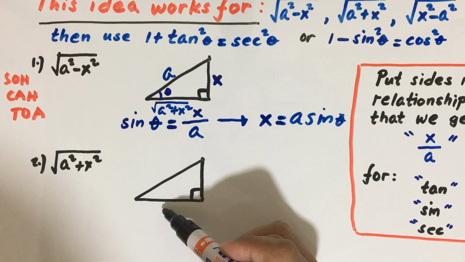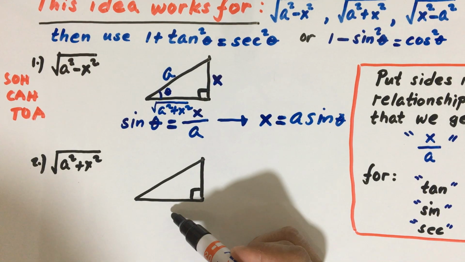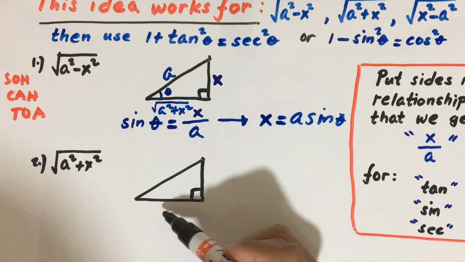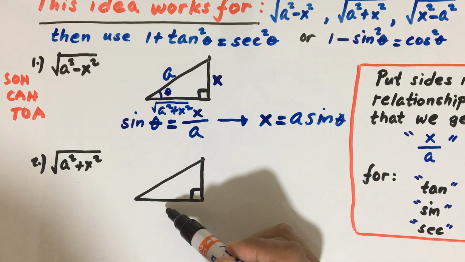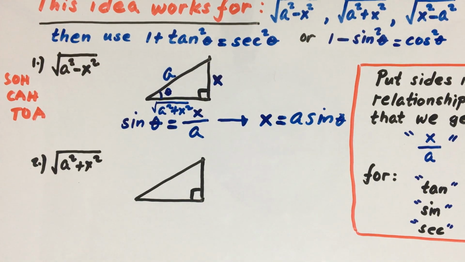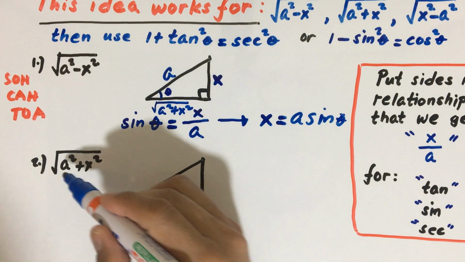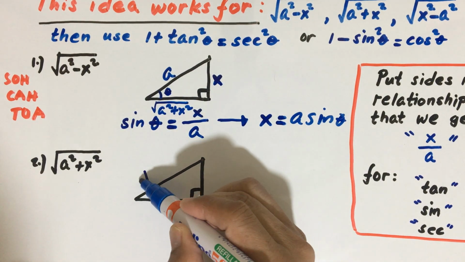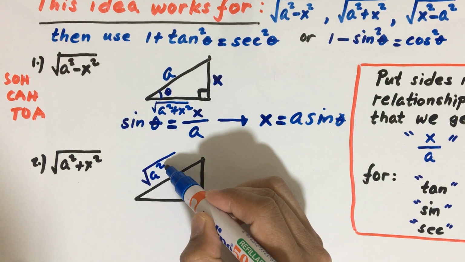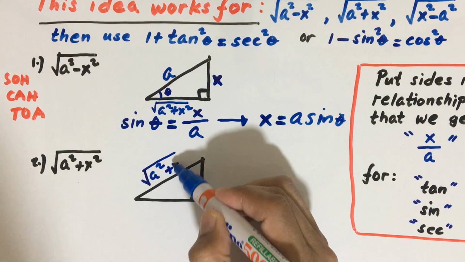So either of these two would be x or a. It can be your a here and this is your x, or it can be your a here and this is your x. Since this is the hypotenuse, this is our a squared plus x squared.